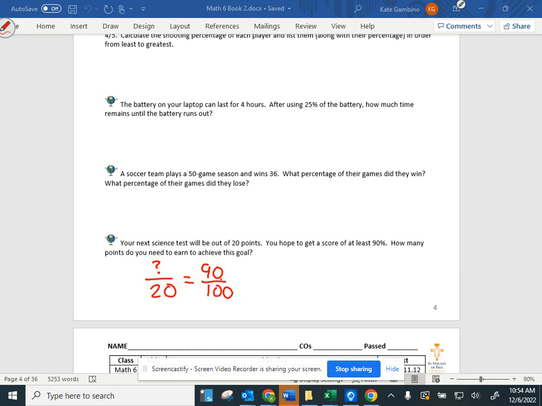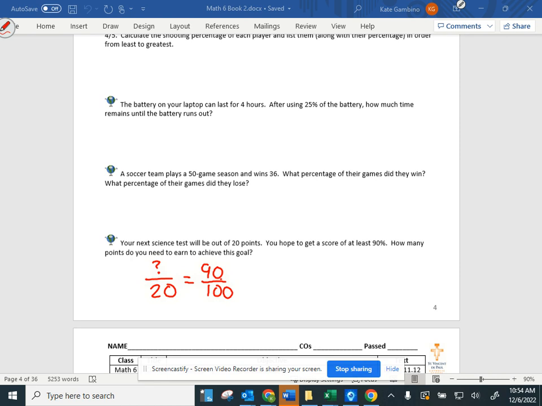How did we go from 20 to 100? Then we're going to go backwards, doing the opposite operation. So instead of 20 times the number, we're going to do 90 divided by the number to go backwards. Does that make sense?